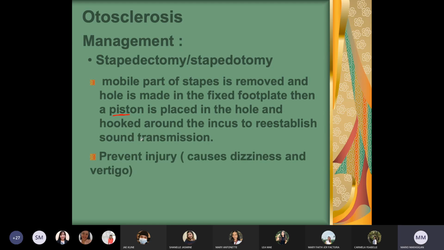So another management is prevention of injury. Okay, it can cause dizziness and vertigo. Sodium fluoride to it somehow correct some problem in the dizziness.